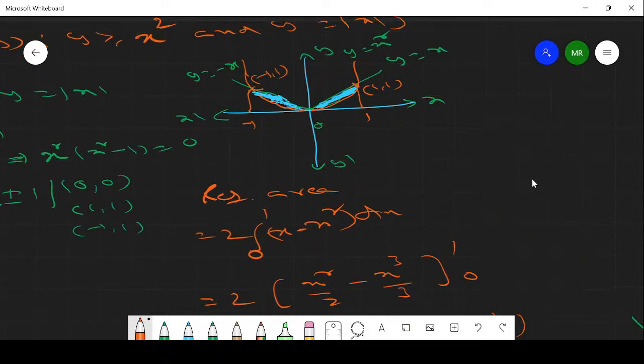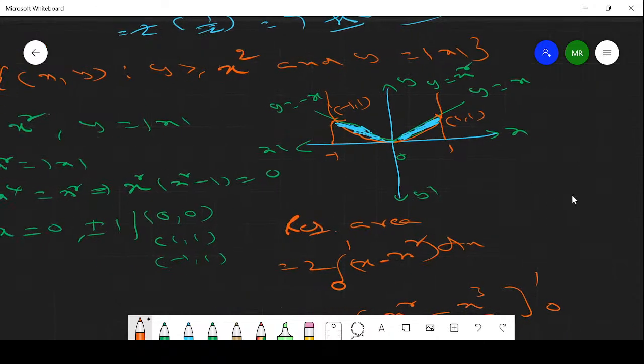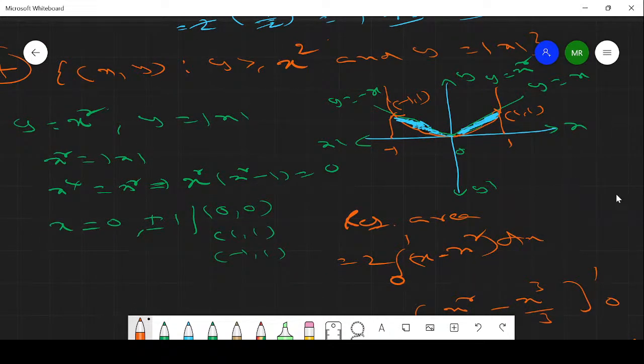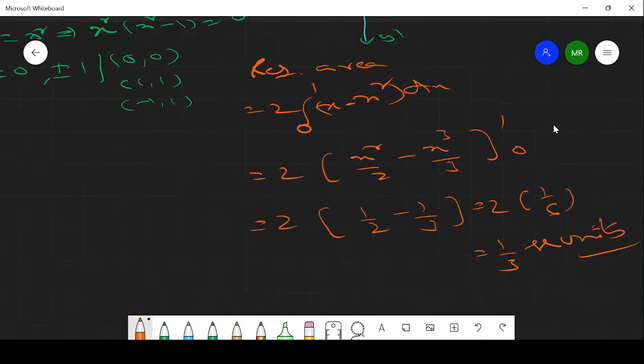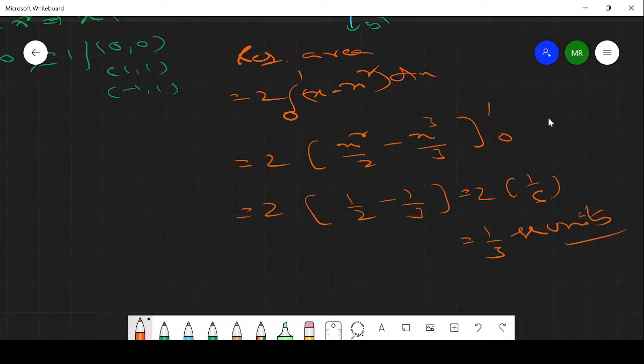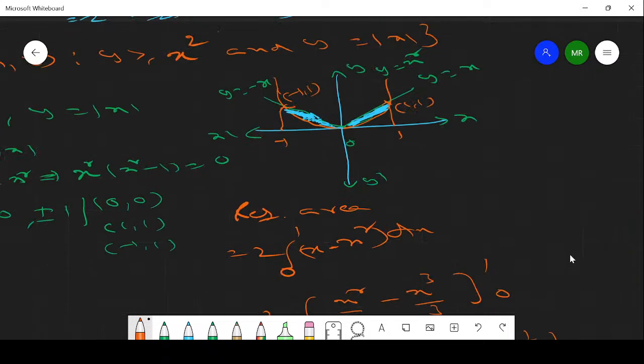So you should be careful here about the figure, try to understand. If there is any confusion, the graph y equal to x square, I'm giving an idea about this. When you talk about the y equal to x square graph, this is the figure. Solve the equation, draw the graph, then find the required area. Generally, remember the y equal to x square graph is always an upward parabola. You will get the graph like this.